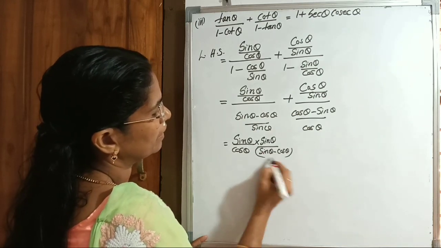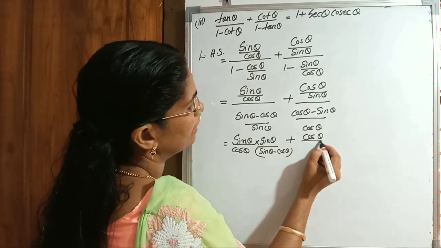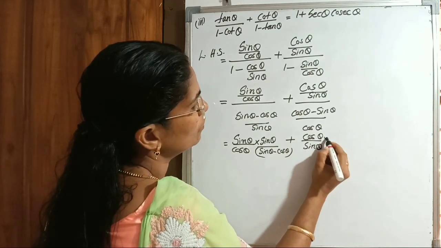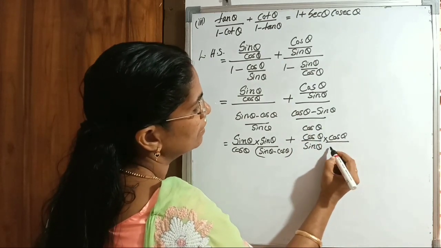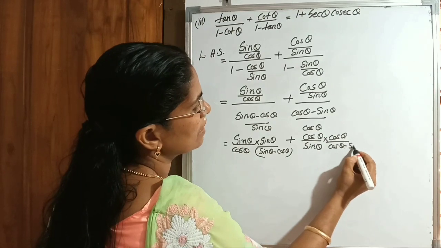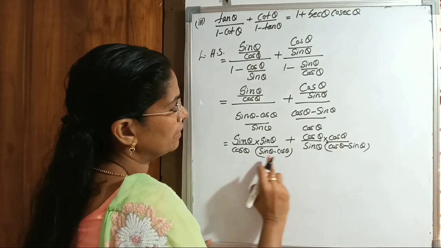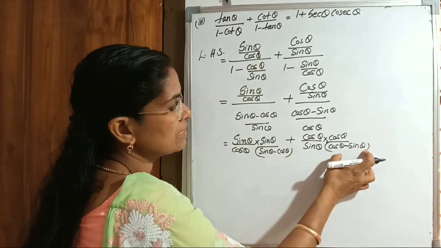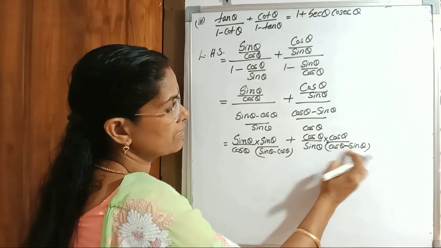This we can take in a bracket because two terms are there, plus cos theta divided by sin theta into this reciprocal we are taking. Then it becomes cos theta by cos theta minus sin theta. Okay, cos theta minus sin theta, here sin theta minus cos theta. So we just have to take one negative from here, then we can change this term.